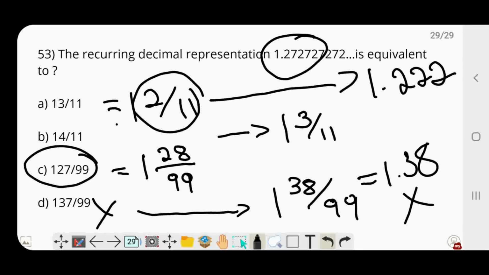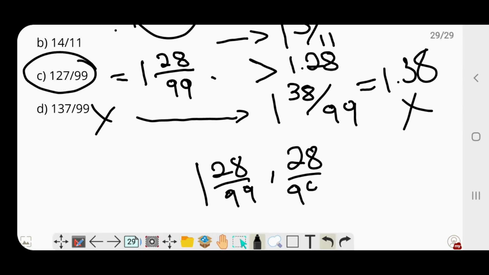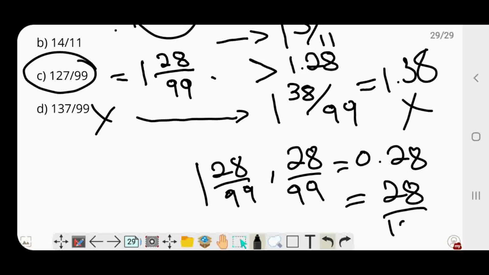In option C, the value is definitely more than 1.28. This we come to know because, I'll just write it down, it is 128 by 99, and in that 28 by 99 is definitely more than 0.28, because 0.28 is 28 by 100.